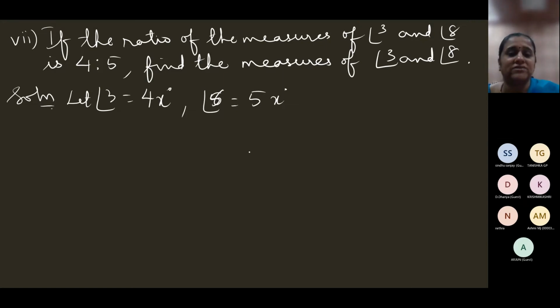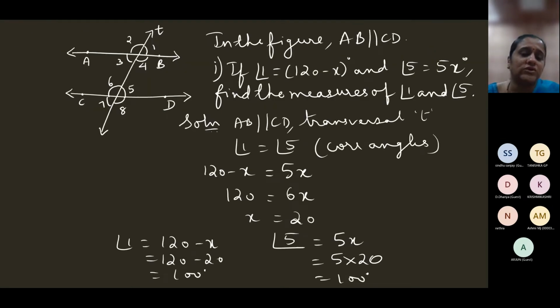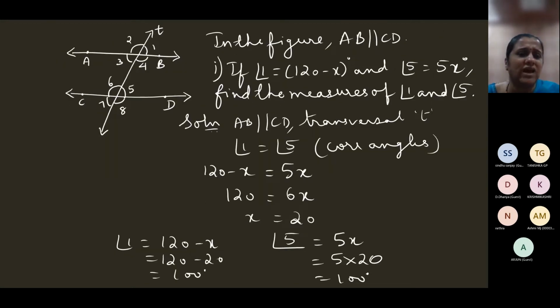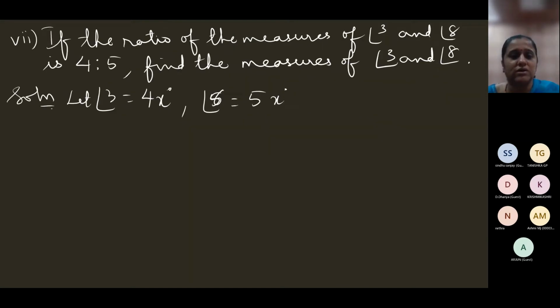Angle 3 is 4x and angle 8 is 5x. Now you can say angle 8 and angle 6 are vertically opposite angles, they're equal. Angle 8 is equal to angle 6.